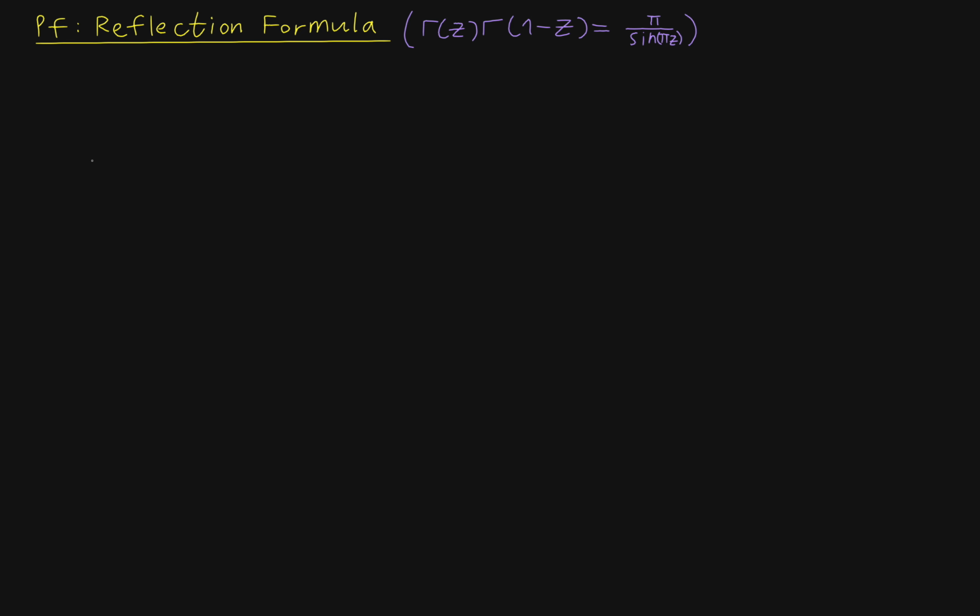And so if we do the Weierstrass factorization, then gamma of z times gamma of 1 minus z is going to be equal to e to the minus Euler Mascheroni times z over z, times the infinite product, n equals 1 to infinity, of e to the z over n over 1 plus z over n.